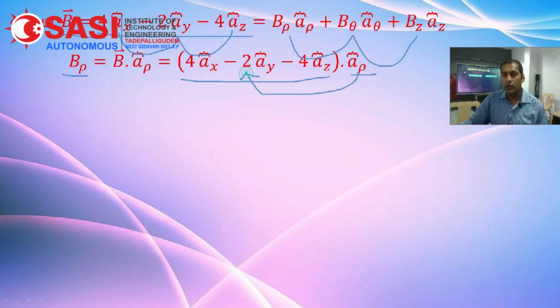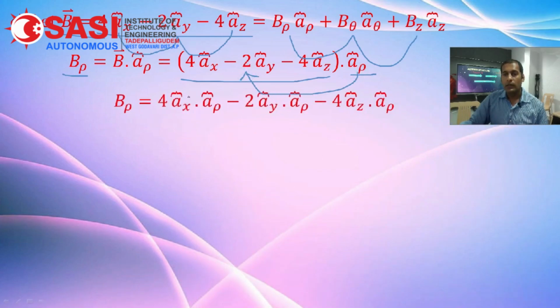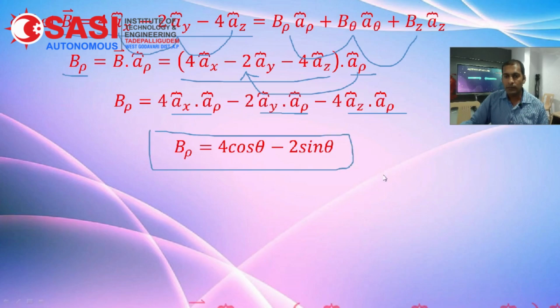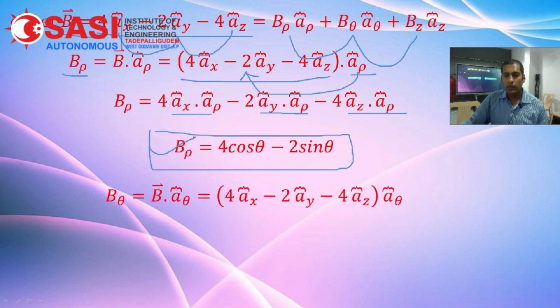Now we will take the dot product with each one: 4 a_x dot a_r, minus 2 a_y dot a_r, and a_z dot a_r. From our table of conversion we get B_r equal to 4 cos θ minus 2 sin θ. This is about B_r. Similarly, we can calculate B_θ.